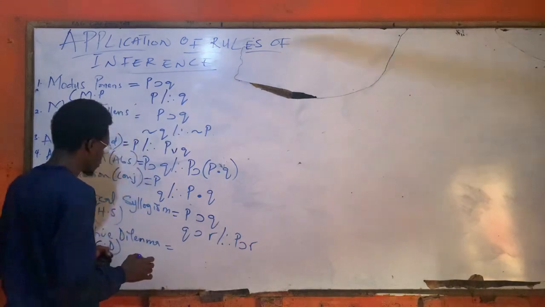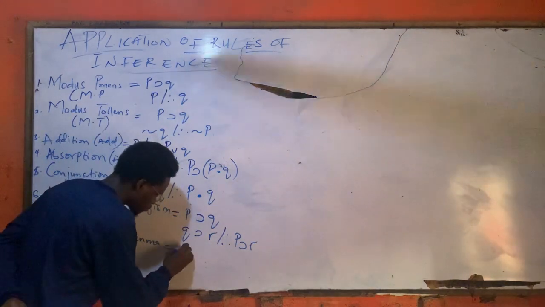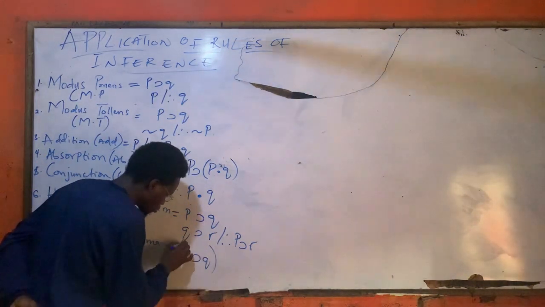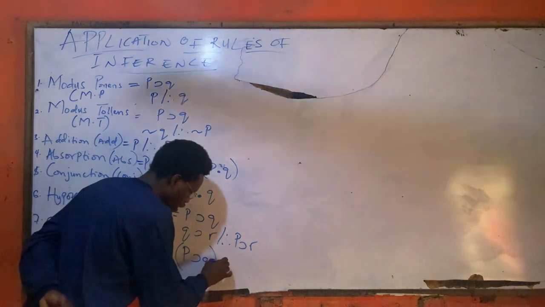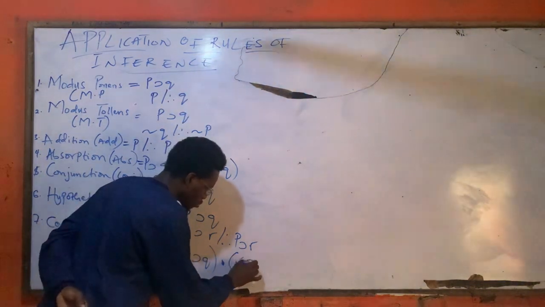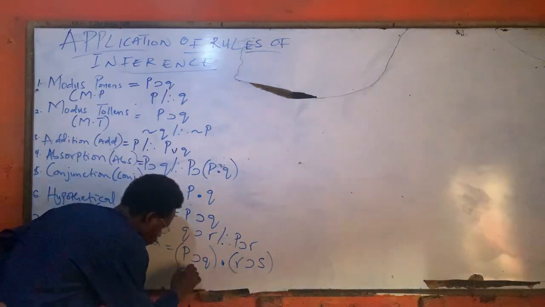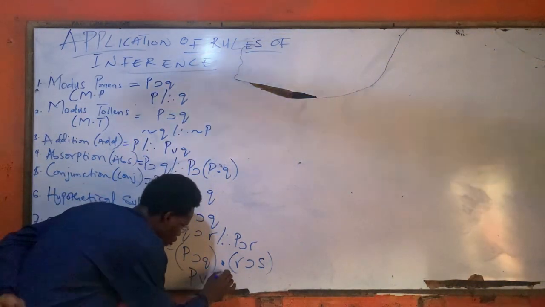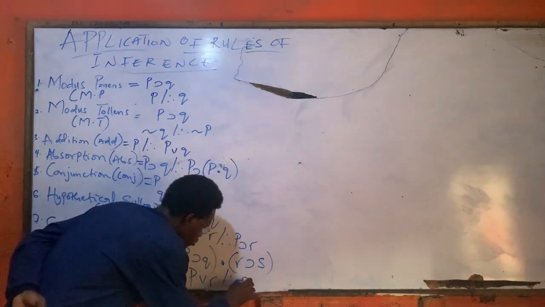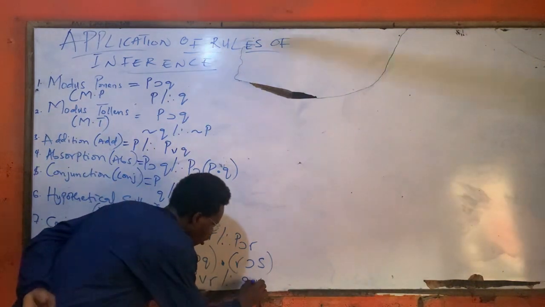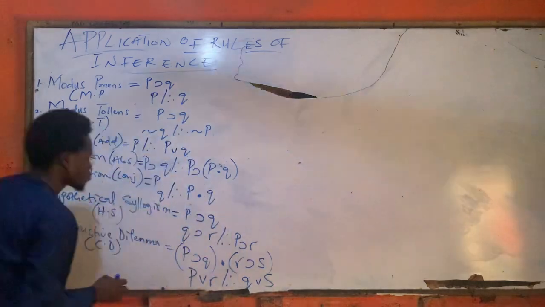We have P implies Q, with brackets, and R implies S. The second premise is given as P or R, therefore Q or S.